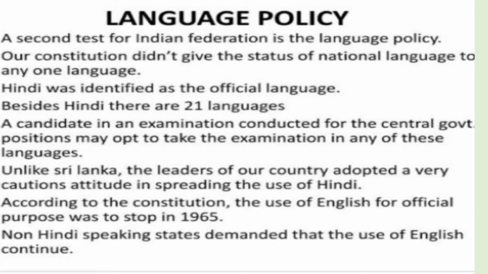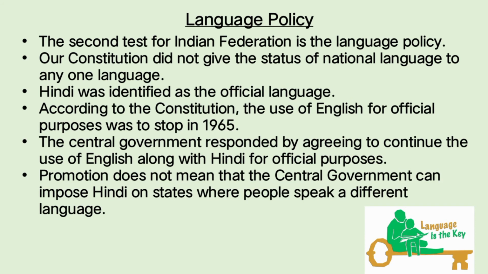According to the constitution, the use of English for official purposes was to stop in 1965. Non-Hindi speaking states demanded that the use of English should continue because English was easy to understand.